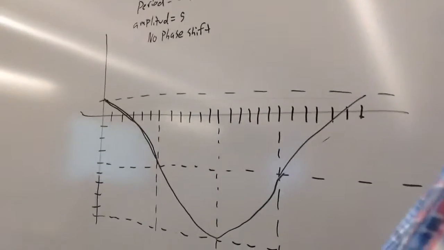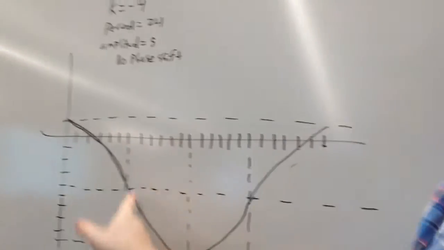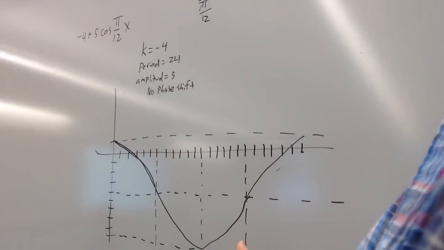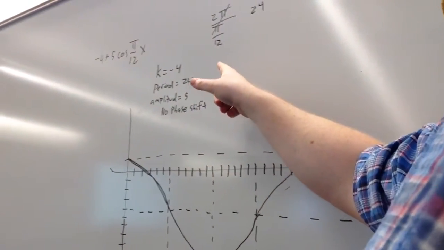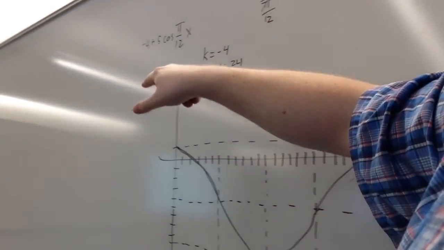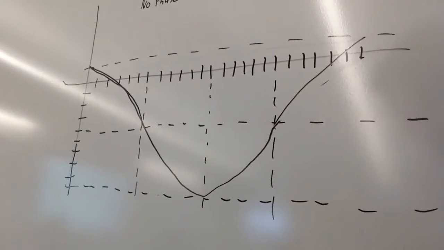It's cosine, so it starts at a maximum. But it's -4. Oh wait, no, I'm getting confused. You're absolutely correct. My bad. I was reading this wrong. Amplitude is +5, so yes, starts at a maximum. So that's a perfect graph of it. Good job. Excellent.